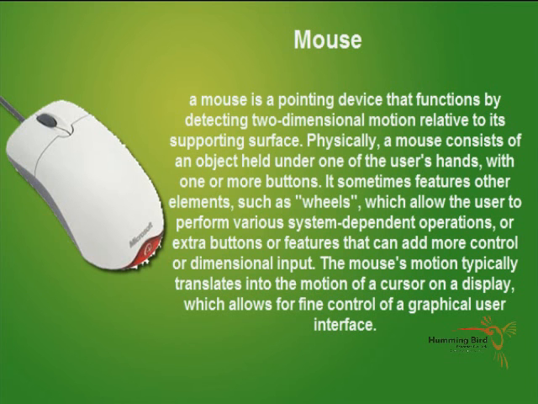It sometimes features other elements such as wheels, which allow the user to perform various system-dependent operations, or extra buttons or features that can add more control or dimensional input. The mouse motion typically translates into the motion of a cursor on display, which allows for fine control of a graphical user interface.